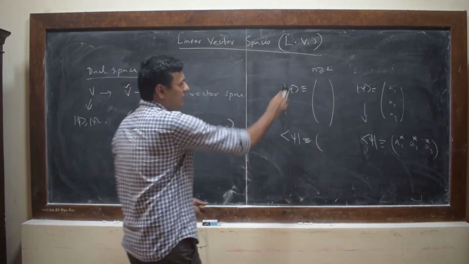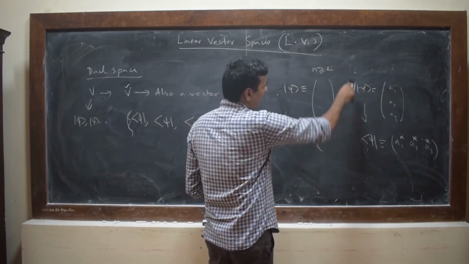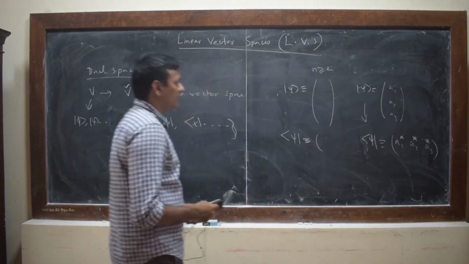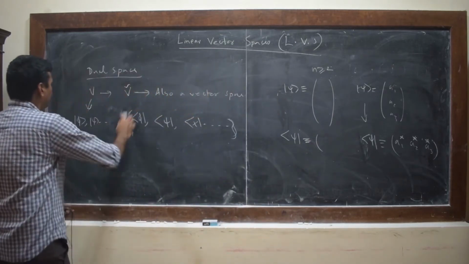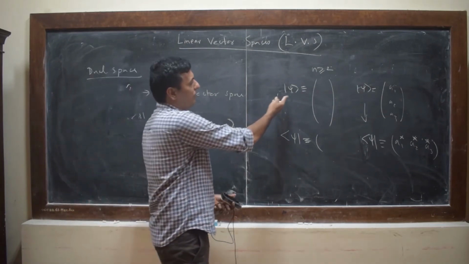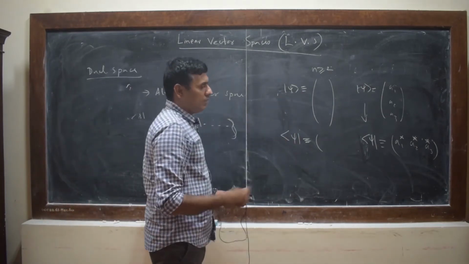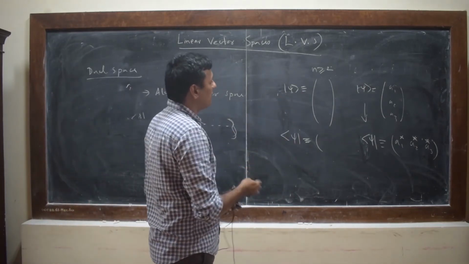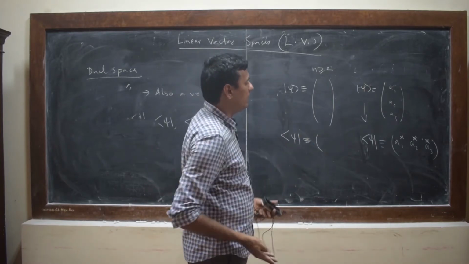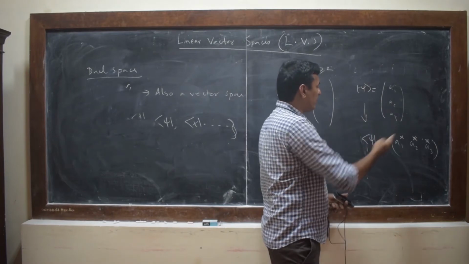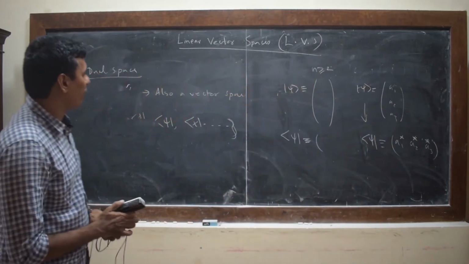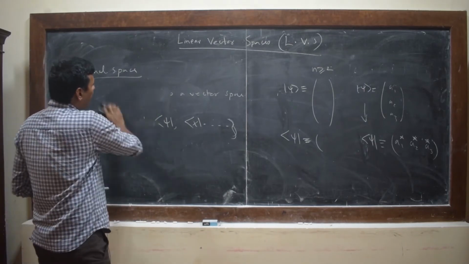You can have an analogy like this: a column vector representation for ket vectors and a row vector representation for bra vectors.